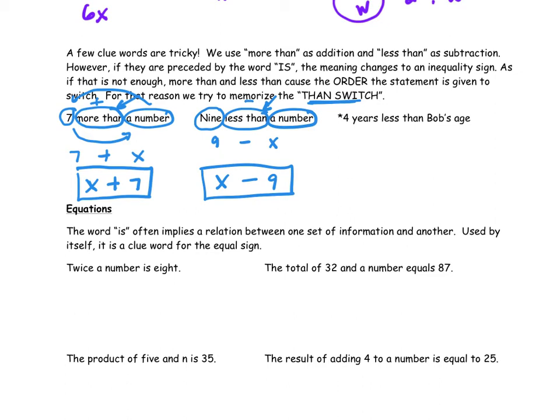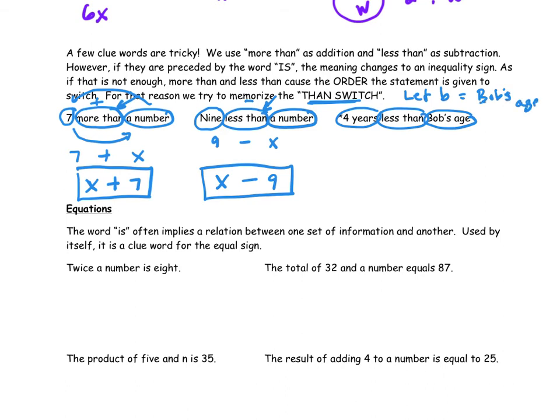And then last but not least, we have 4 years less than Bob's age. Did you notice how they didn't give us a number? They didn't say a number. So I have to define a variable: let B equal Bob's age. So I defined a variable as the directions above said.